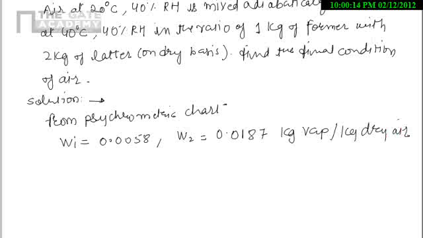Now similarly I can find H1 that is 35, H2 that is 90 kilojoule per kg dry air. So these things we can easily get from psychrometric chart.